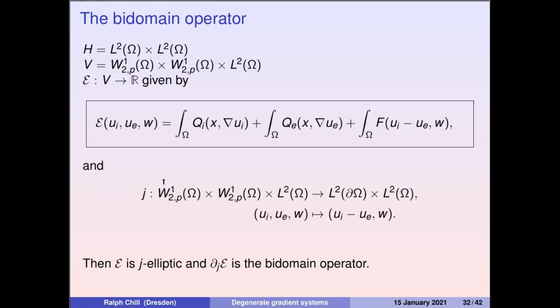And now you have a mapping from this product of three spaces into product of two spaces. Actually, there's a mistake, a misprint here. This is L2 of omega in the Bidomain problem. So the space H appears on the right here. And you just take a triple is mapped to a couple and just take ui minus ue.